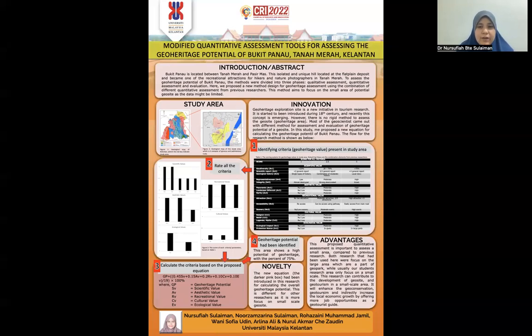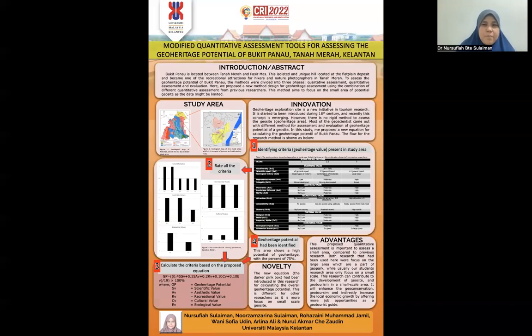So the advantage of this proposed quantitative assessment, especially the equation, is that we want to focus on the small area because, for example, our geology and geoscience students, during the final year project, focus on the specification of their study, and a few of them will do the geoheritage things.